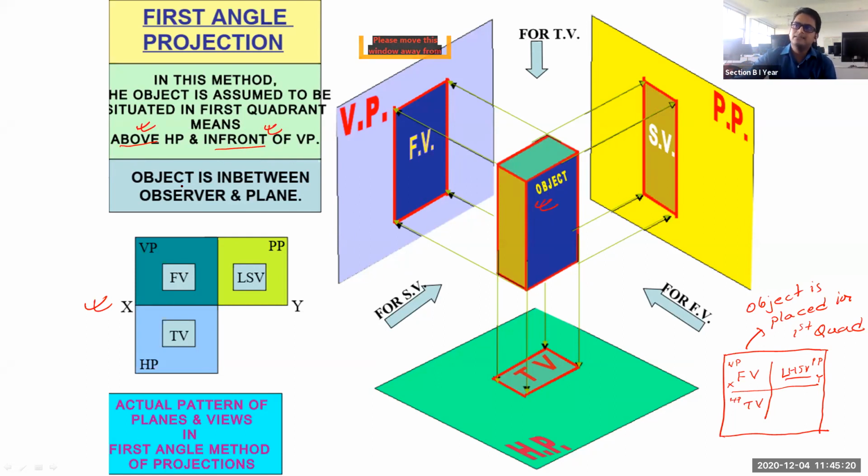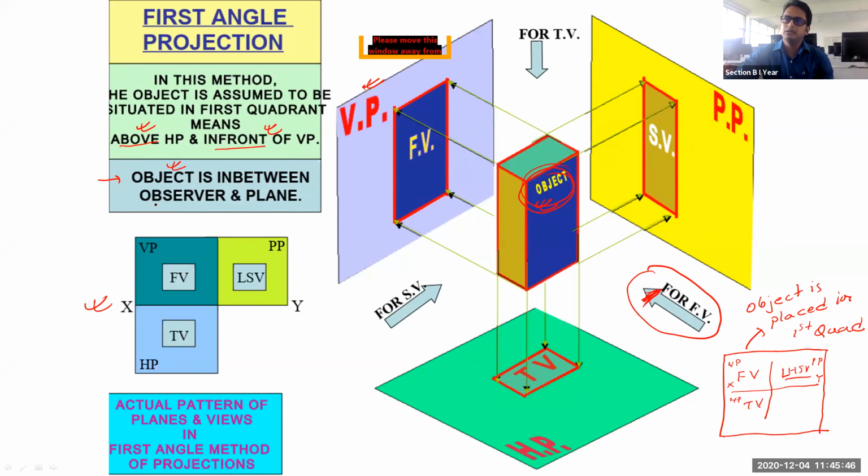The second thing is, the object is in between the observer and the plane. The observer is sitting over here, so that's why you are getting the front view from this side. After the observer, what is coming? Your object is coming. After the object, what is coming? Your plane of projection is coming. So what is the sequence?